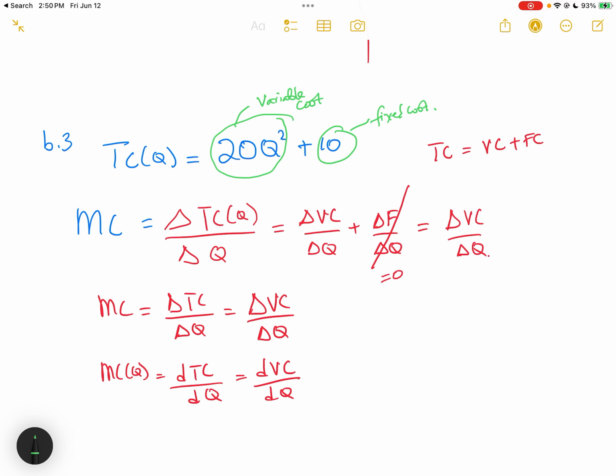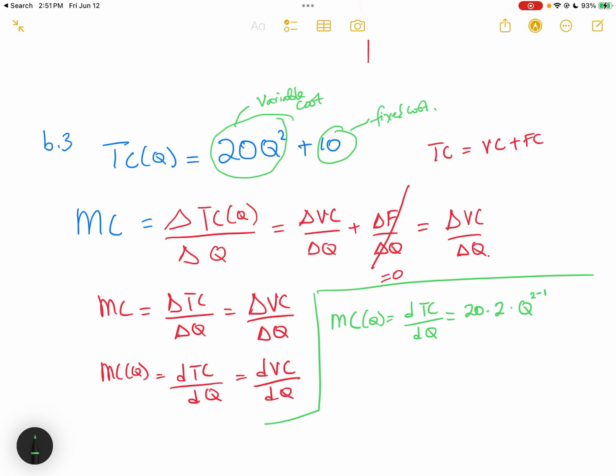Okay, so now for the answer, and I'll write that in green in this corner here. Marginal cost, which is equal to the derivative of the total cost function with respect to Q, will be written as 20 times, you guessed it, the power on Q, 2, times Q, and in the power on Q we subtract 1, plus 0, because the derivative of a constant, some number, some constant value, like 10, 11, 100, 1000, a million, is 0.